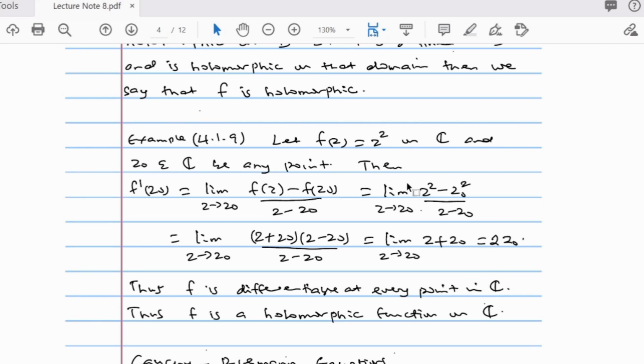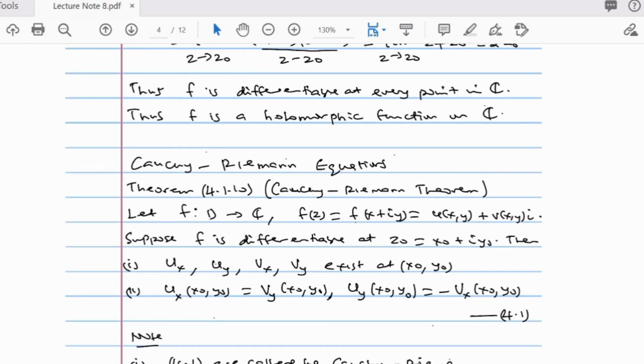So that means the function f of z equals z squared is differentiable at every point in C. Thus, the function is holomorphic on C. Differentiability, as I've said, is holomorphic. So the function is differentiable on the whole of C, meaning that the function is holomorphic on the whole of the complex field.